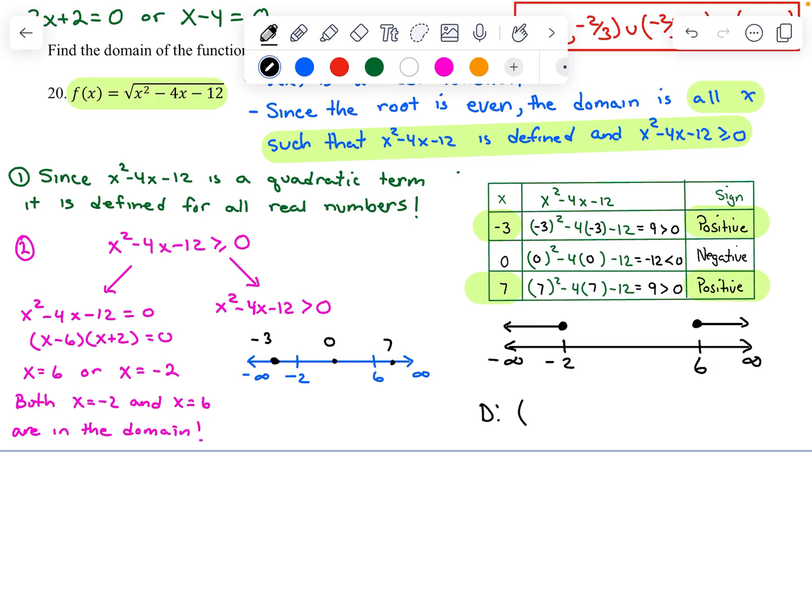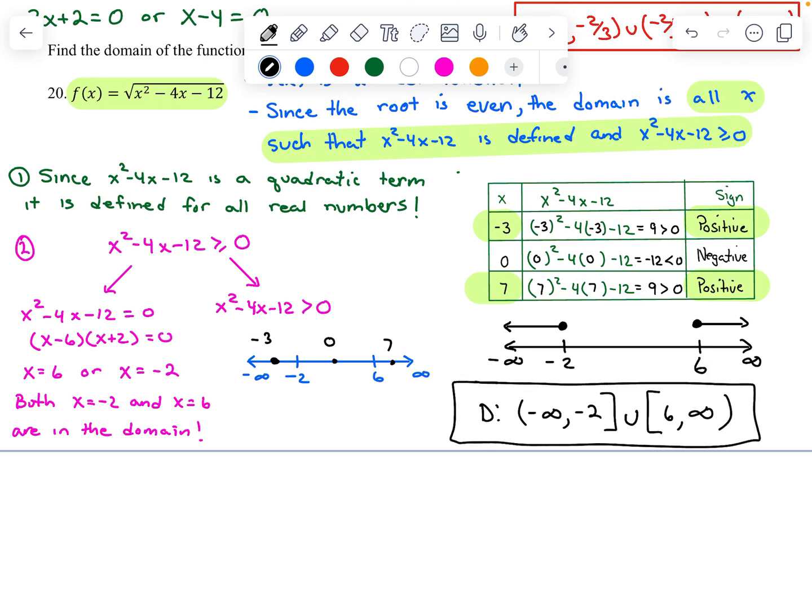So the domain in interval notation will be negative infinity to negative 2 with a bracket, union 6 to infinity. And we are done.